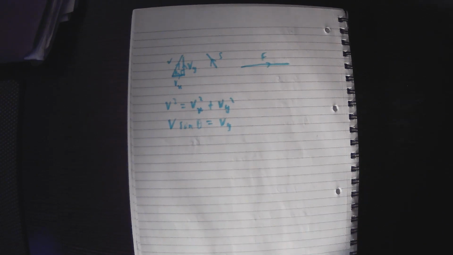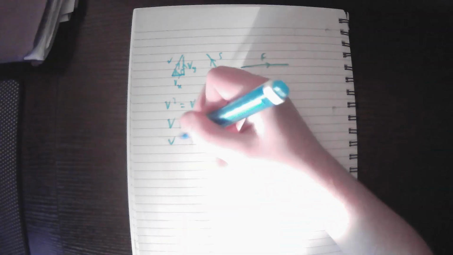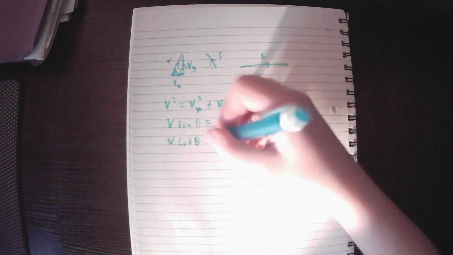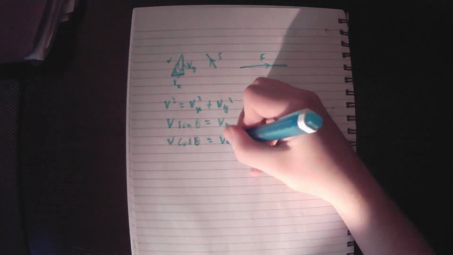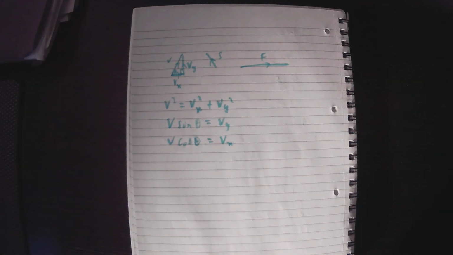So v sine theta equals the vertical component, and using SOHCAHTOA again, we know that v cos theta equals v subscript x, which is the horizontal component.